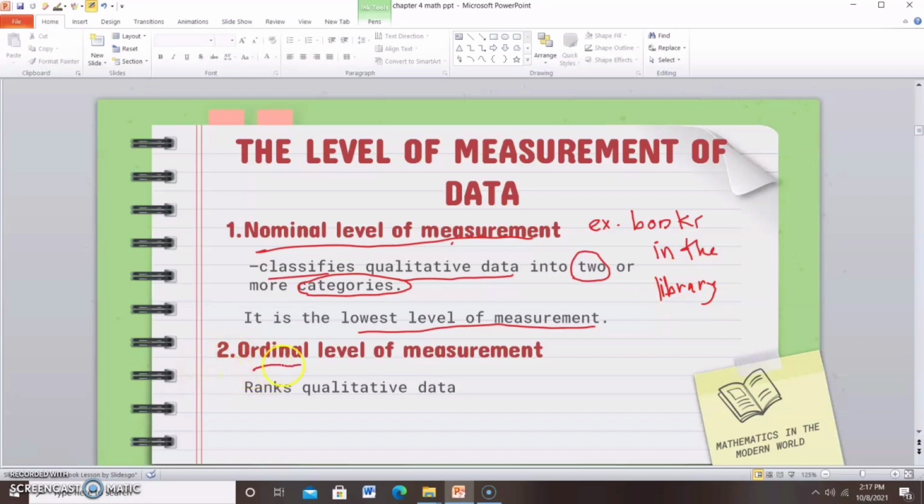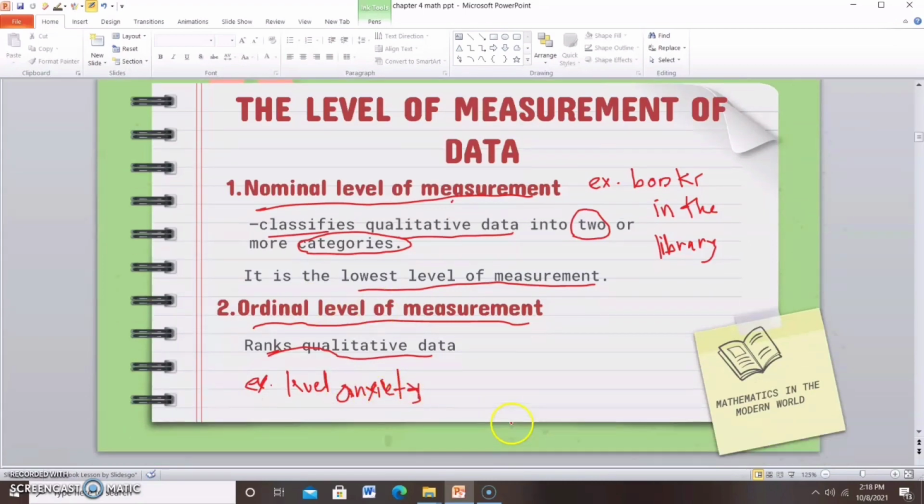The next one is the ordinal level of measurement, which ranks qualitative data. Examples are the winner in a quiz bee or the level of anxiety. So that is one of the examples of ordinal level of measurement.